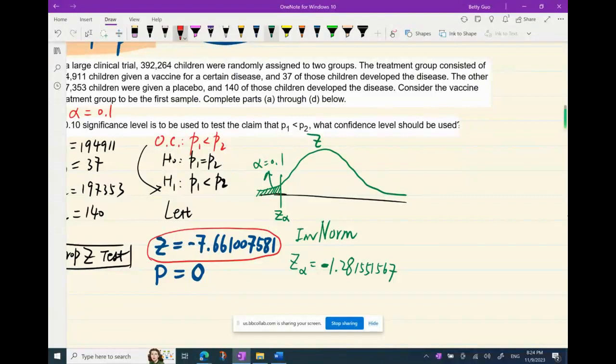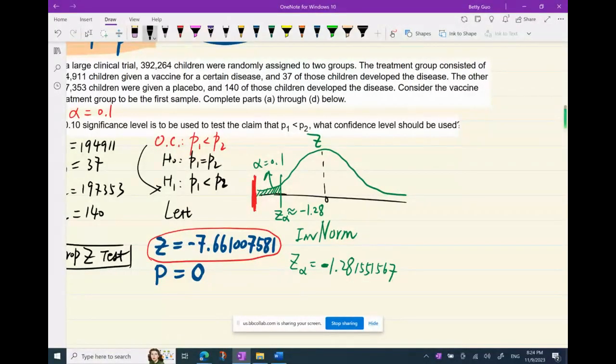Let's suppose we round it. It will not affect anything to round this critical value to negative 1.28. And the test statistic falls way to the left here, negative 7, right? Far away from the center. The center is 0.